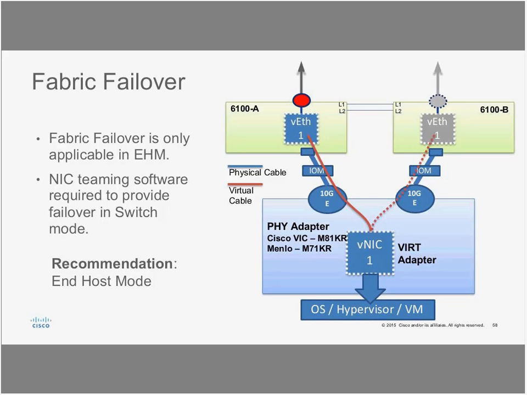You click the radio button. What that's going to do is create a standby link going to your secondary fabric interconnect. And then it also has one link that will be active that it's pinned to your primary fabric interconnect.